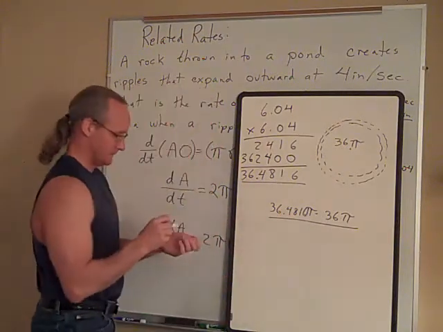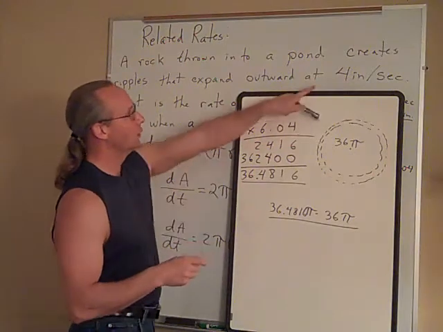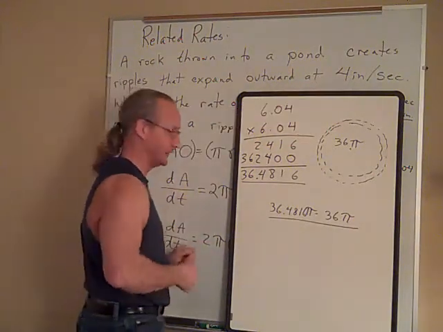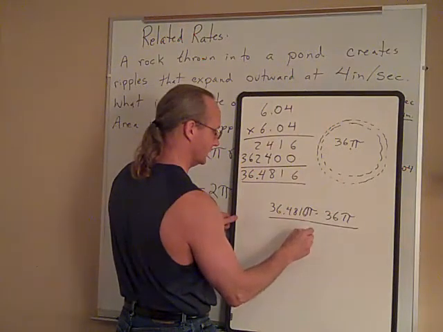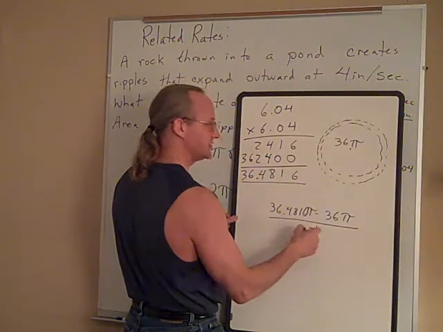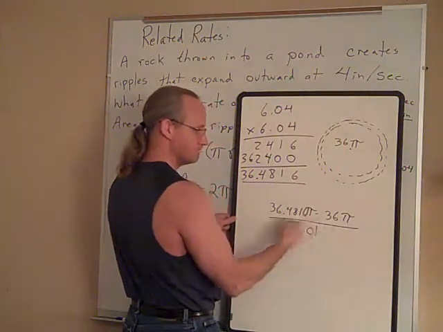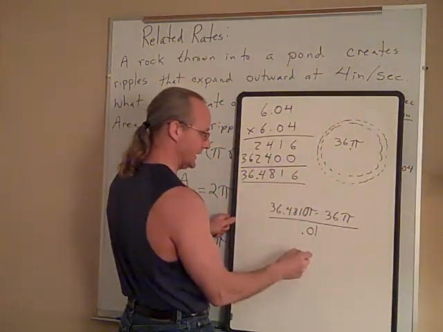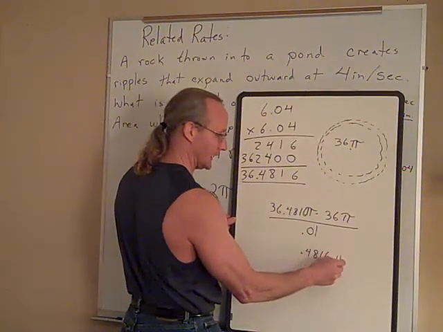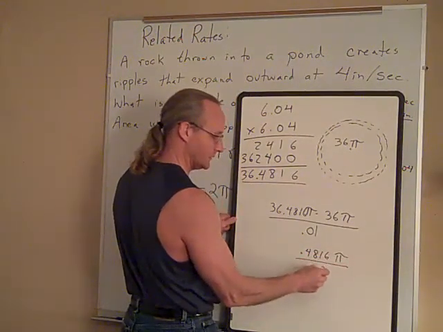The change in time was 0.01 seconds. This is the change in time. I do the subtraction and I get 0.4816 pi divided by 0.01.